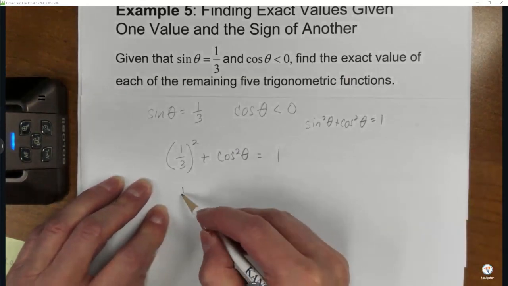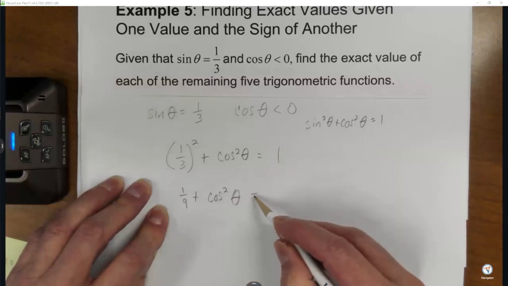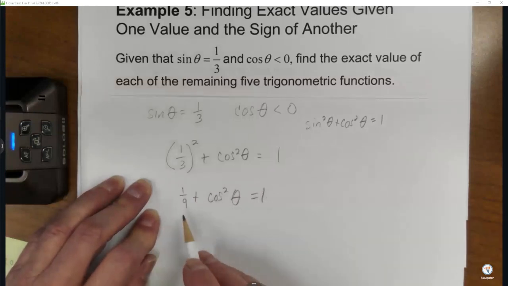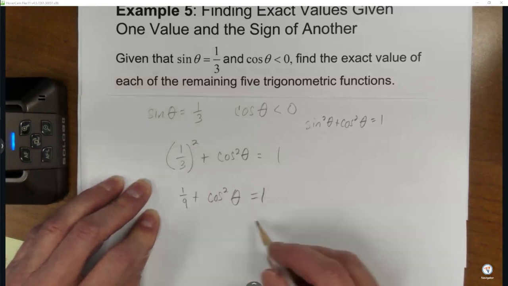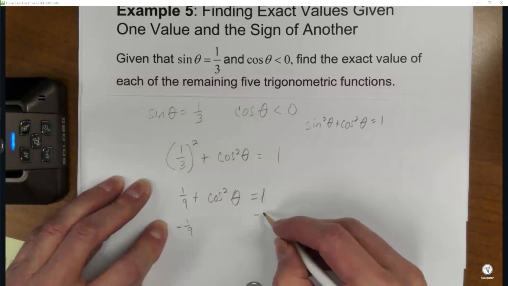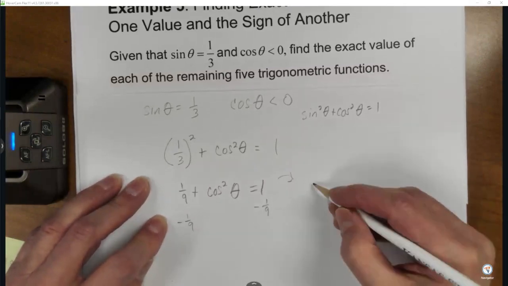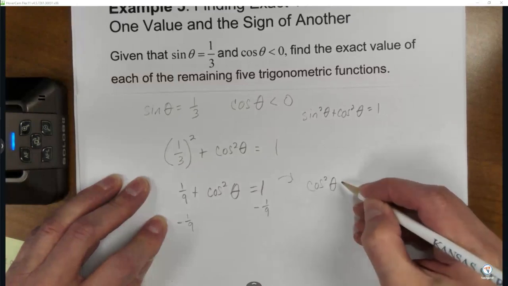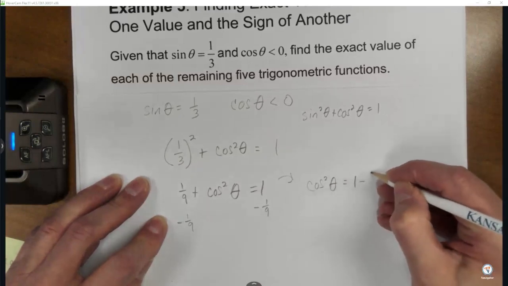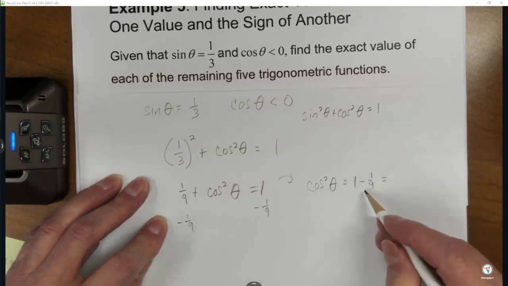So this is just 1/9 plus cosine squared theta equals 1. So I'm going to subtract the 1/9 from both sides. Okay, so now we understand that cosine squared of theta is equal to 1 minus 1/9. So that's going to be 9/9 minus 1/9.